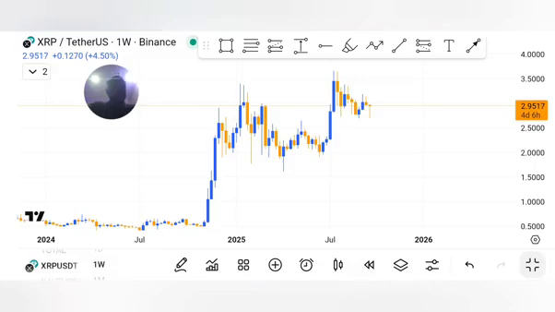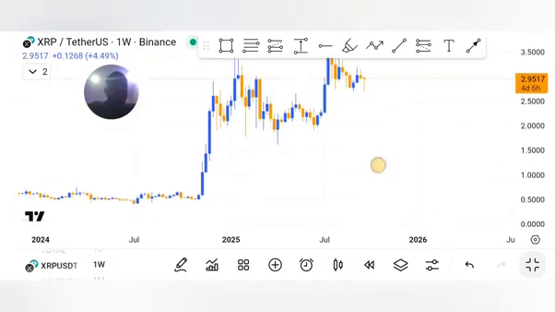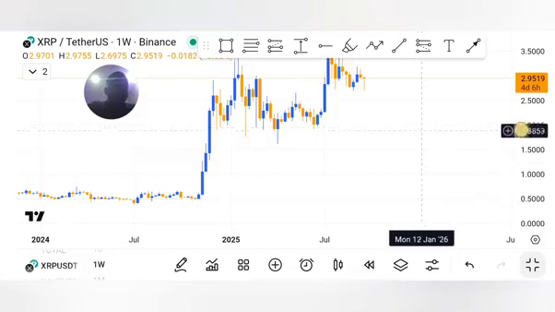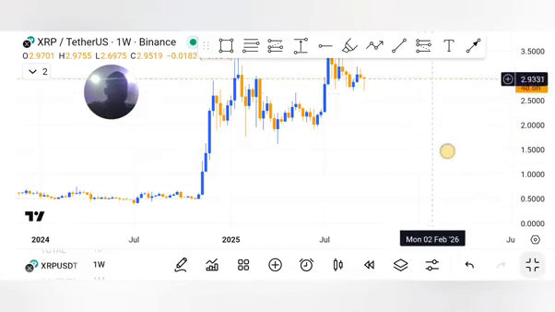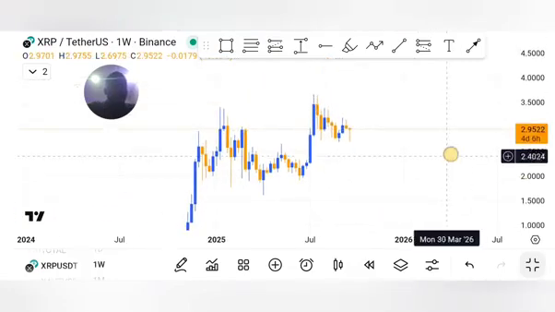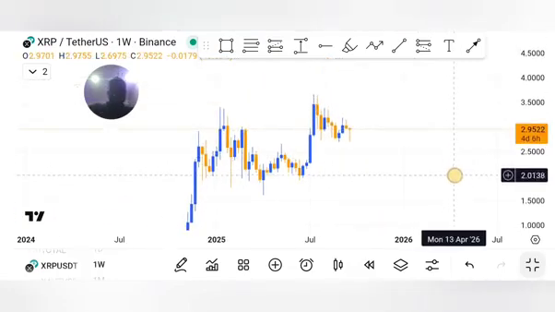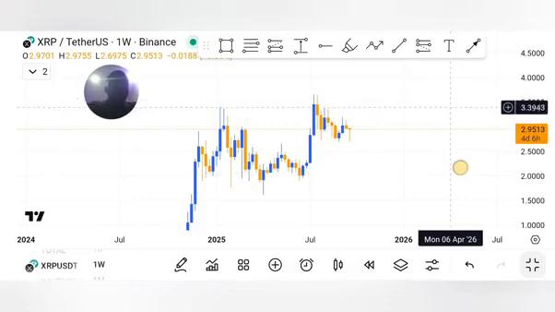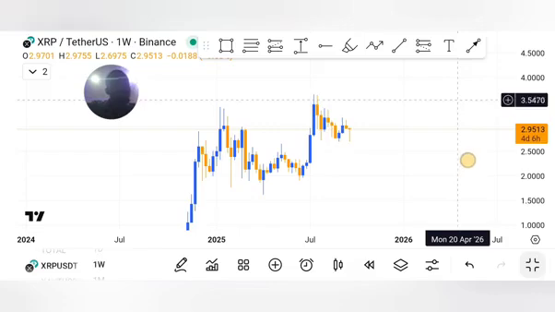From this range of 0.5, 0.40 cents, the coin jumped to a price of $2.9. After that, we created this little pullback, little retracement that later saw the coin move to the region of $3.3.